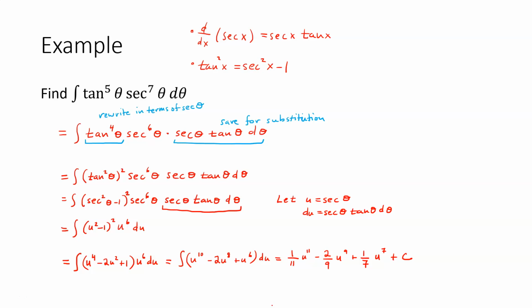And then finally putting the u back in, we'll have 1 over 11 secant to the 11th, minus 2 over 9 secant to the 9th, plus 1 over 7 secant to the 7th.